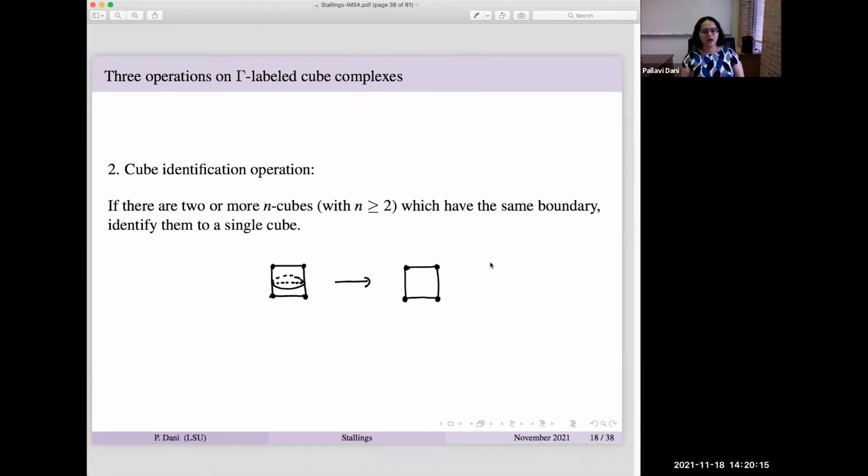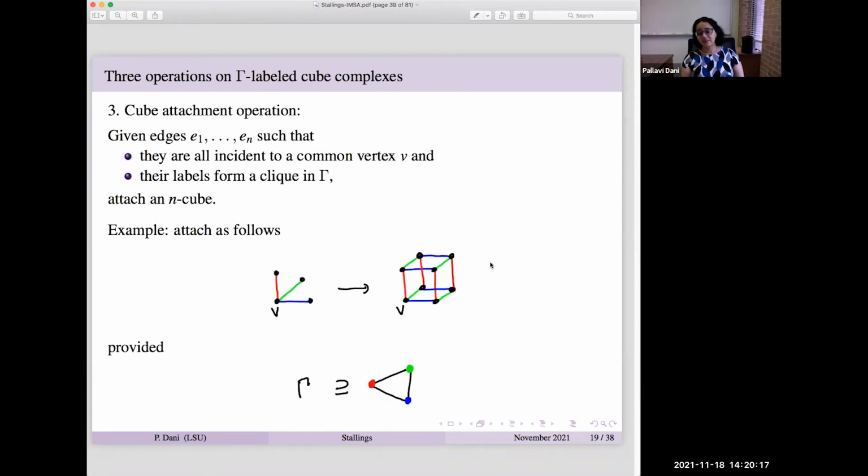Okay, now finally, because we have these relations, we have a third operation which doesn't have any analog in the first two, in the free group setting, which is that if you have a place where there should be a cube, you should attach a cube. We call this a cube attachment operation.